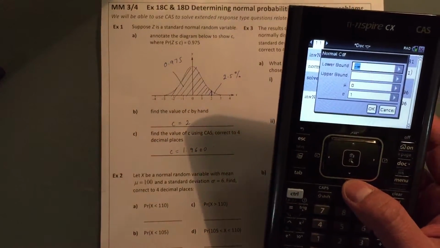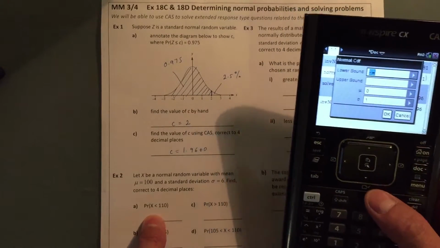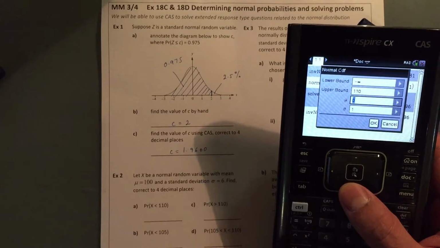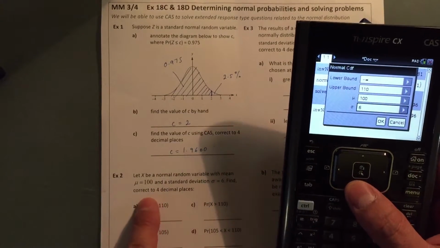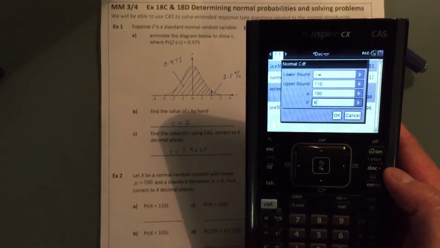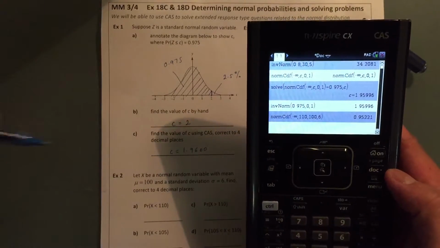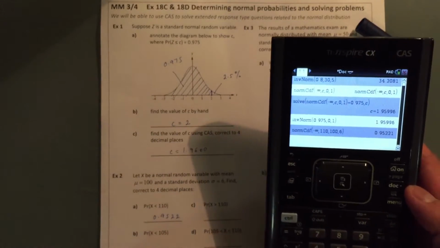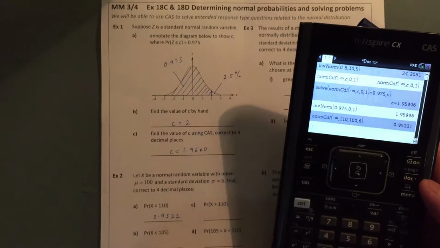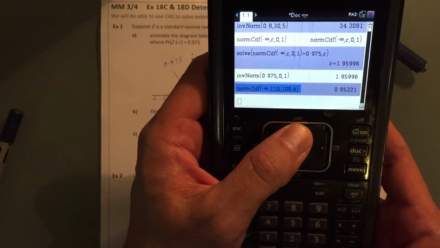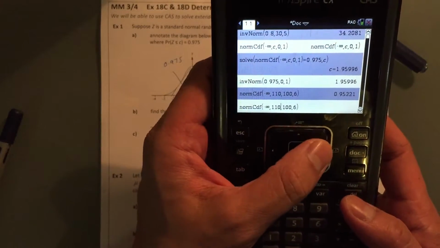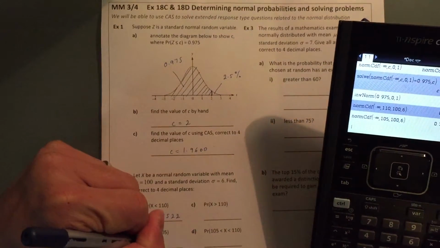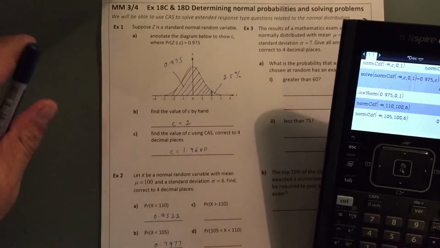Okay, so we're saying less than 110. So we're going from negative infinity to 110. Now the mean is 100 and standard deviation is 6 because this is the raw data. And so this probability to 4dp is going to be 0.9522. Less than 105. Same form. Instead of going to the form, I'm just going to change it here. 105. 0.7977.